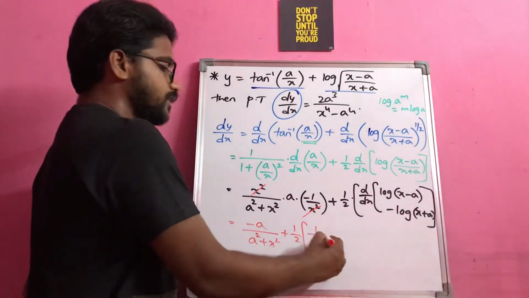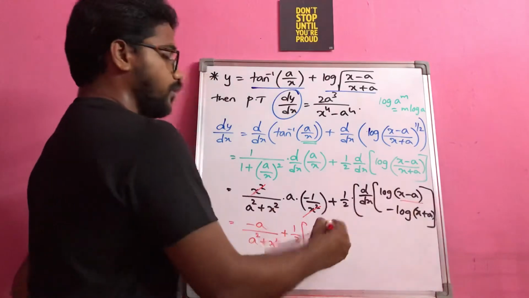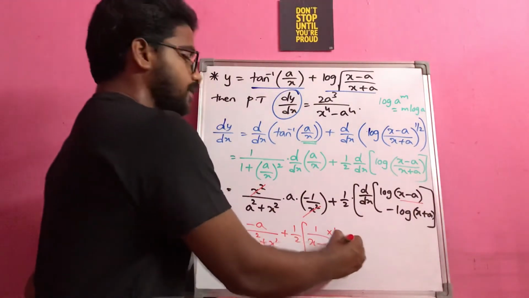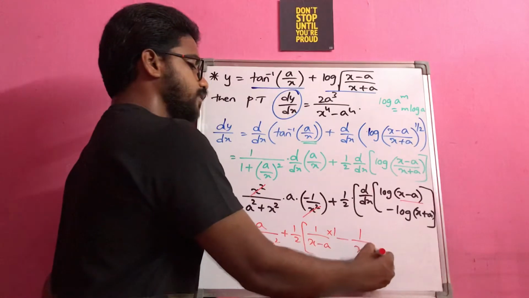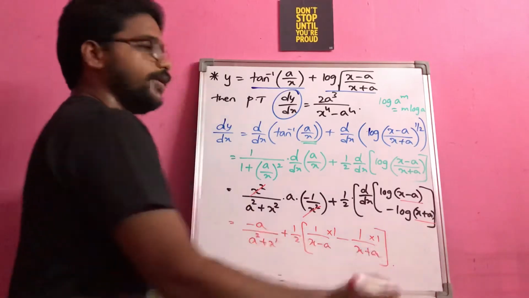Log function differentiation is 1 by function, 1 by x minus a. Though it is not x, you have to take the inner derivative. You will get 1 minus 1 by x plus a. It is also not equal to x, so the inner differentiation will again be 1.